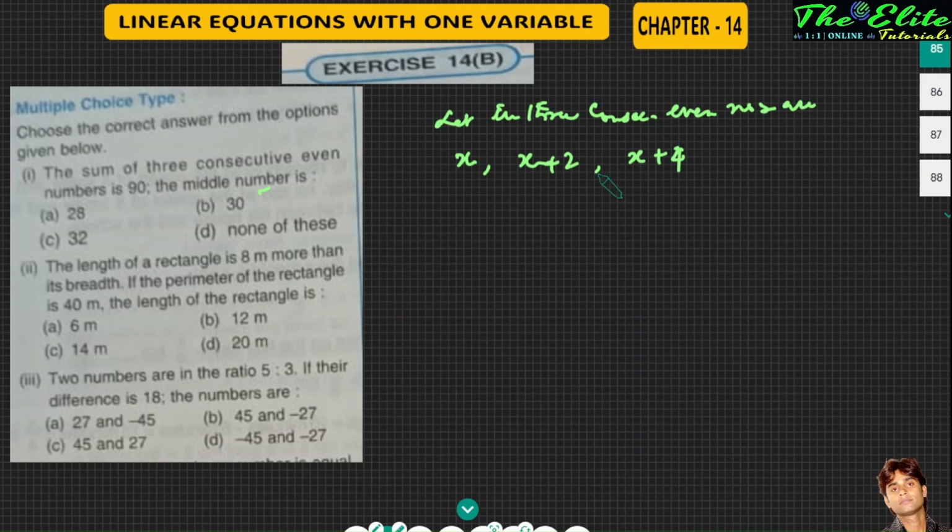The difference between two consecutive even numbers is 2.